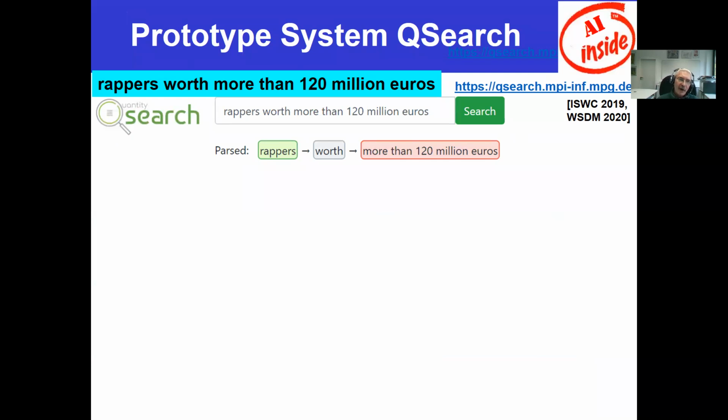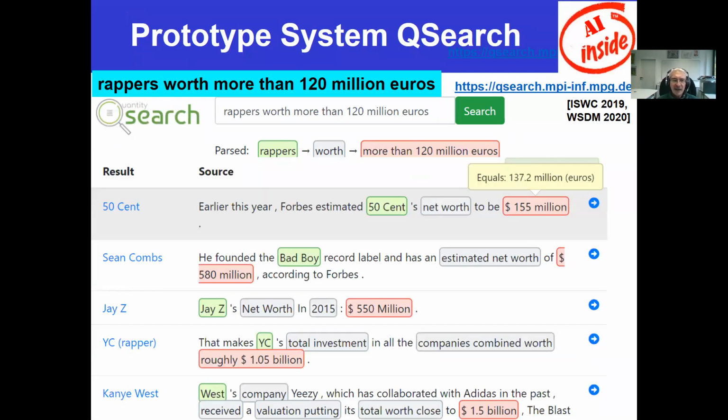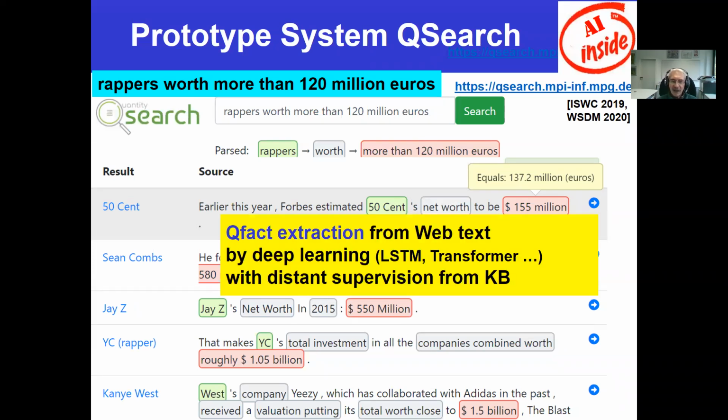So we decompose this kind of queries in a smart way, and then we extract answers directly from text. I find it interesting that 50 Cent is worth more than $150 million. We do the unit detection and the unit conversion on the fly. So this is done by automatic extraction of quantity facts from web text by deep learning.